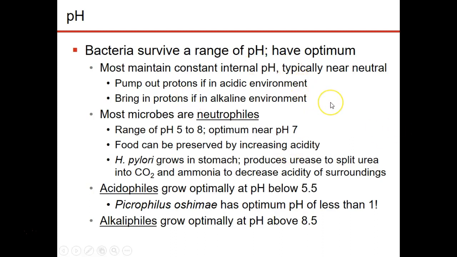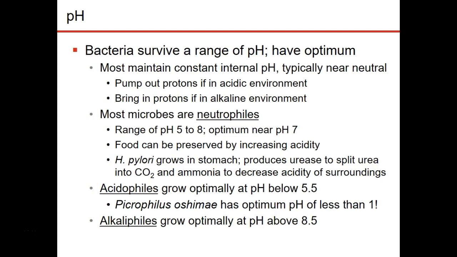Bacteria also can grow at different pHs. Most of our pathogens grow as neutrophiles, so they're going to grow close to that neutral pH of 7. There are some bacteria that grow better in acidic environments, growing below 7, typically below 5, and these are called acidophiles.